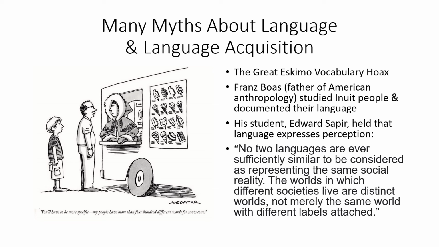language. In fact, Boas was really clear that language was a very, very important aspect of culture, and he insisted that anyone studying the culture of a group of people needed to learn their native language in order to really understand them.